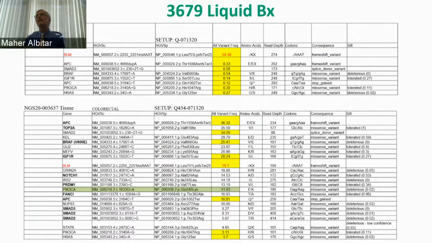So it is very complex, and again, this goes back to my philosophy that we should always be doing testing on the cell-free DNA, and we should be doing testing on the tissue. We shouldn't accept one as a replacement for the other by all means. And we should be doing RNA on the tissue because the RNA provides a lot of information. Next slide.